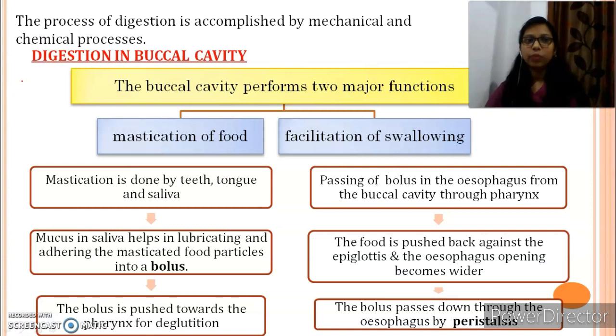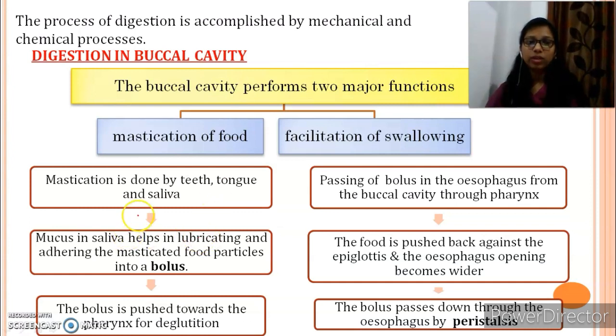Let's start with the buccal cavity, where two major functions occur. One is mastication of food, another is facilitation of swallowing. Mastication is done by teeth, tongue and saliva. When the food gets mixed with saliva with the help of the tongue, and the teeth break and grind the food, the overall chewing of food is known as mastication.